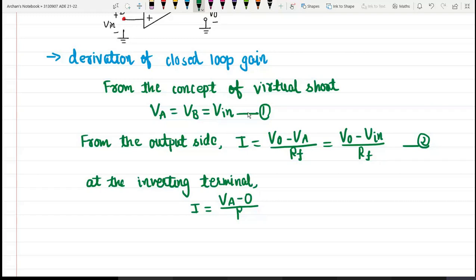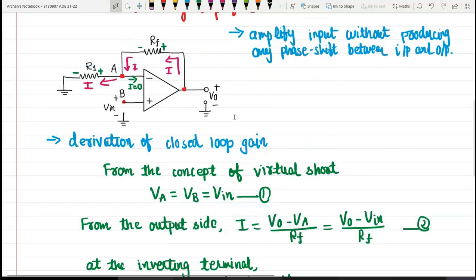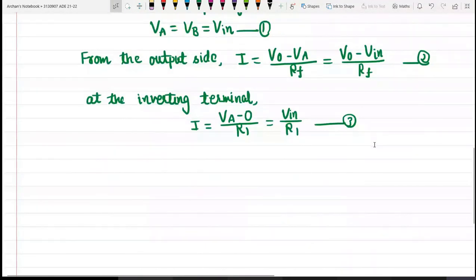What is VA? VA is equal to V in, so I equals V in divided by R1. Call it equation number 3. So you can see the entire current passes through R1 as the input current of the op amp is equal to 0. So the magnitudes of equation number 2 and equation number 3 are the same. Both the currents are I. So we can equate these two equations.